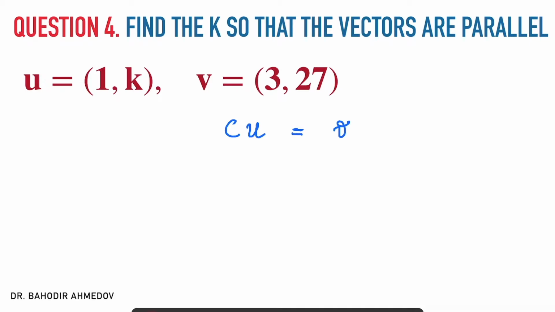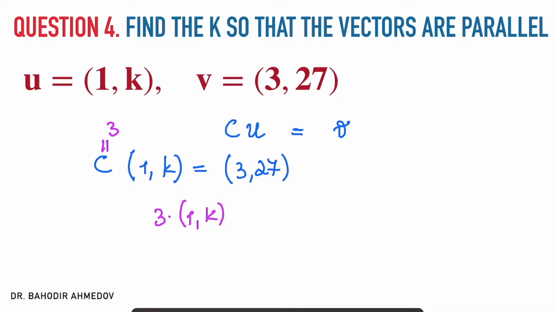So I'm just going to write this down: 1k times some constant should be equal to the 3 and 27. Well, which number do you have to multiply 1 by in order to get 3? Obviously c should be equal to 3, right? So it should be 3 times the 1k is equal to the 3 and 27.